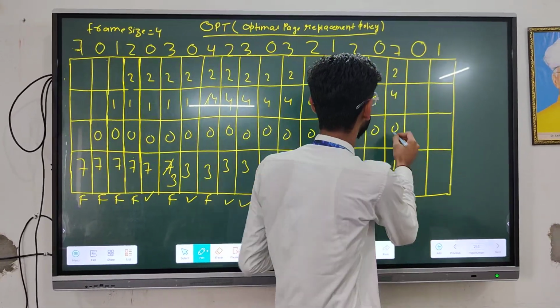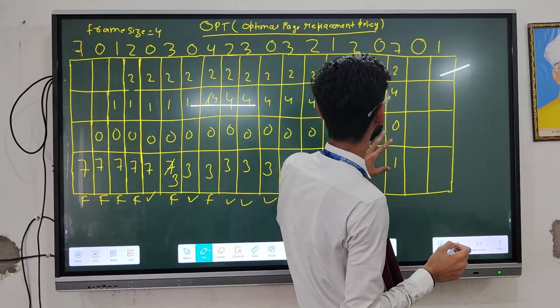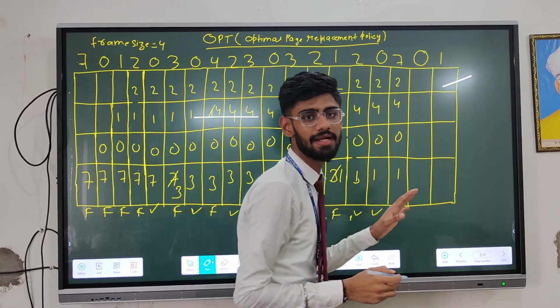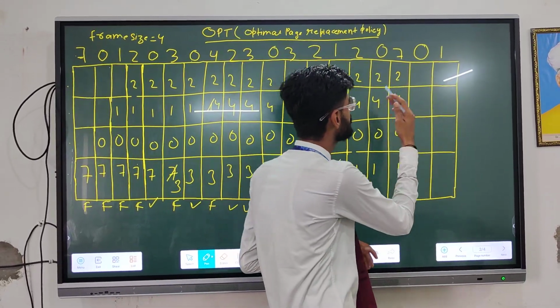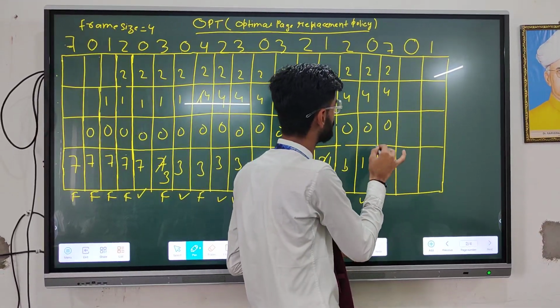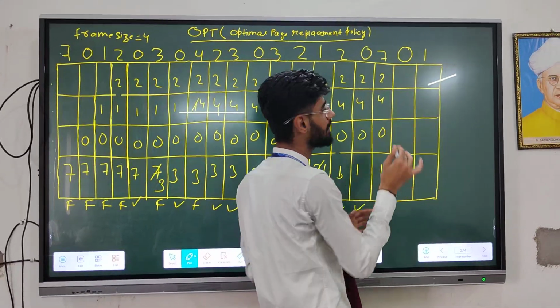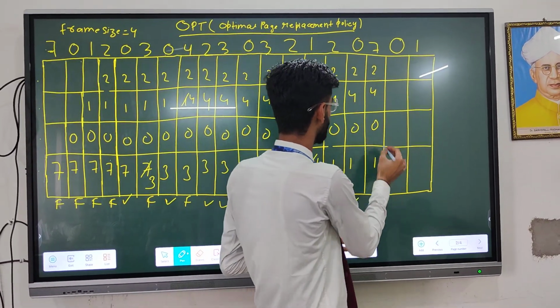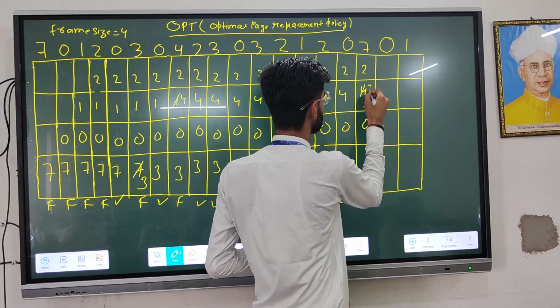Now in the next we have to put 7 in the memory, but there is no 7 present, so we have to call 7. We see the further reference string, 0 and 1, which are present in our memory, so we do not need to replace them. We can replace either 2 or 4, so we replace 4 with 7.